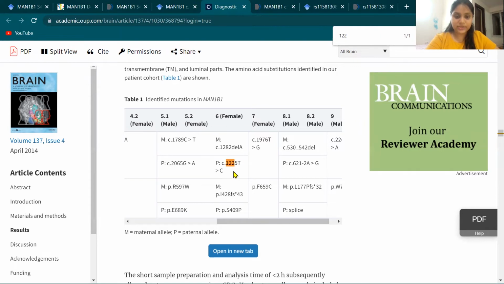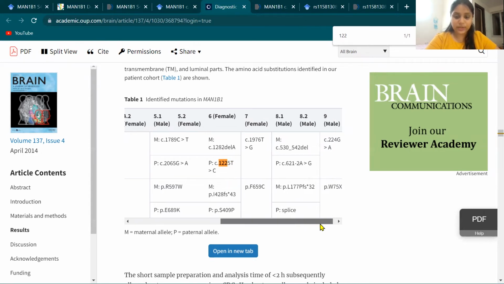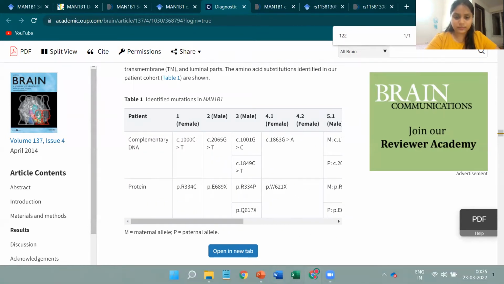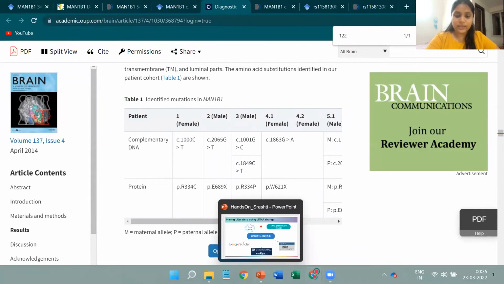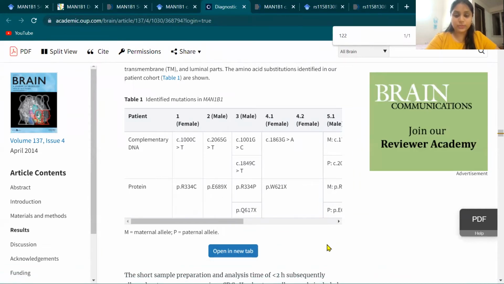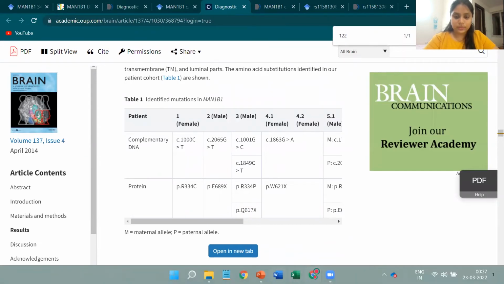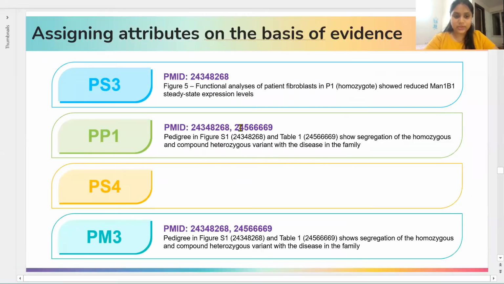Since it was present in trans and showing segregation also, since they have studied the maternal as well as paternal allele, we can give it PM3 as well as PP1 depending upon this paper also. So therefore, we can add this paper also to the evidences that have been collected for this particular variant. So we will put in this study also as an additional evidence here.